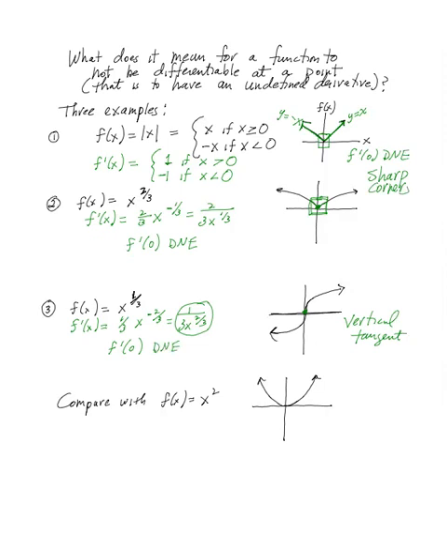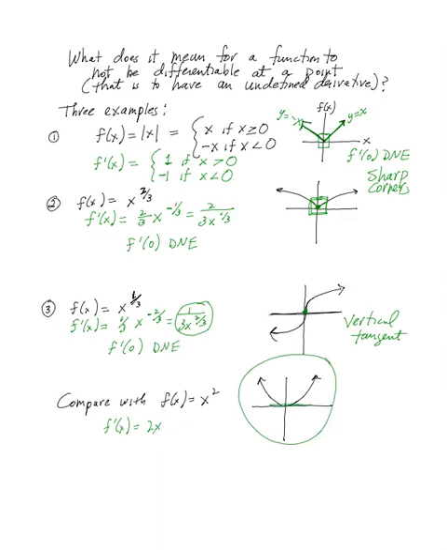Now let's compare that with f of x equals x squared. We know f prime of x is 2x. Well, 2x is defined everywhere. You put in a real number for x, you get a real number. The derivative of f of x equals x squared exists everywhere. There is a tangent line at every point of this graph.